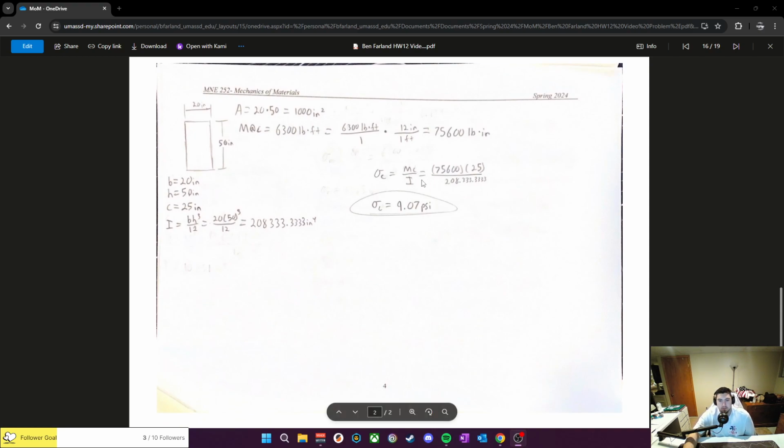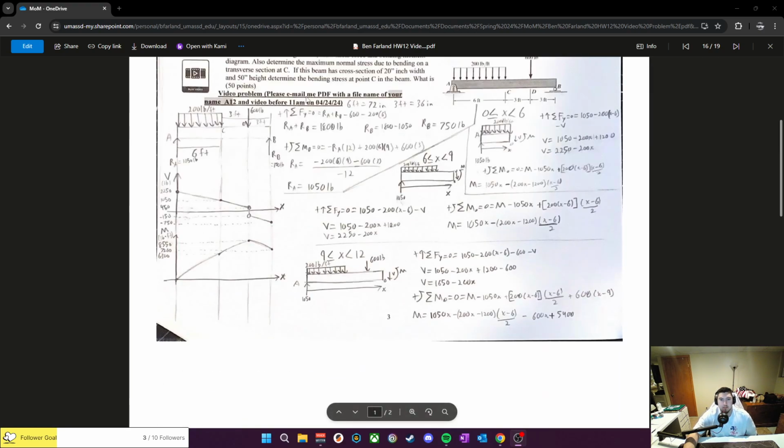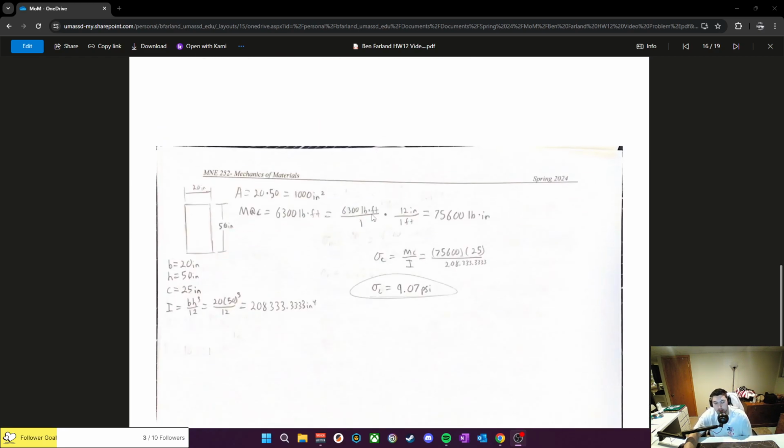After that's done, I need to determine the maximum bending stress at point C. So for that, I can take the stress at C is equal to Mc over I, where c is equal to half of the height, and I is equal to the base times height cubed over 12, which is equal to 20 times 50 cubed over 12, which is equal to 208,333.3333 inches cubed.